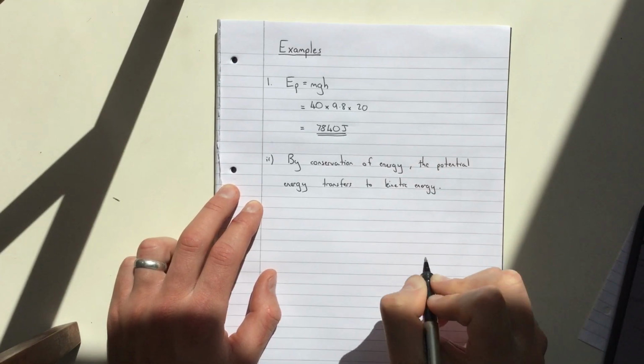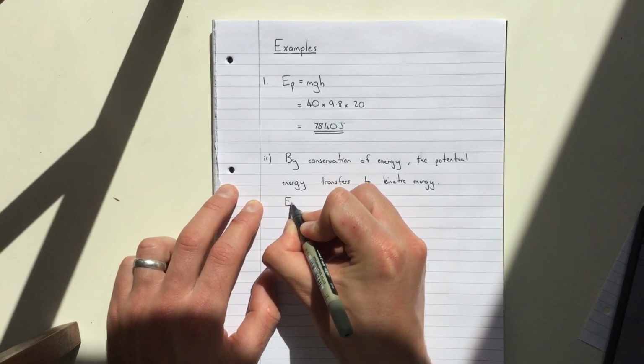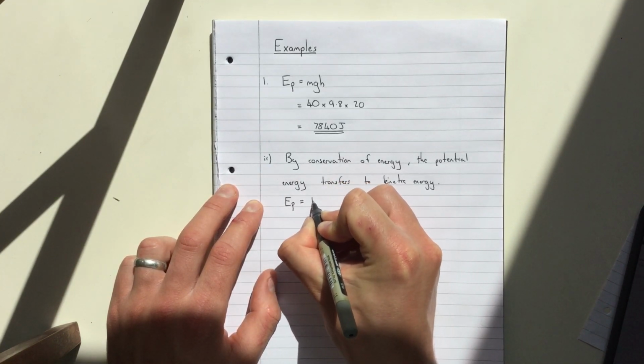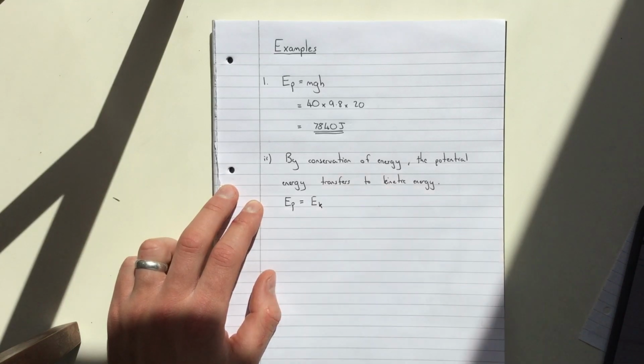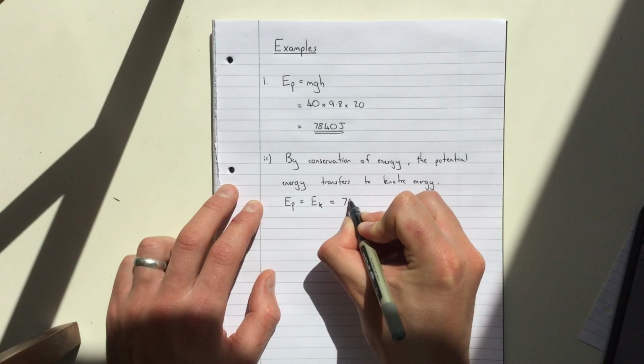Now, that means that EP equals EK, just like we had at the beginning of the video, which therefore means that that is equal to 7,840.